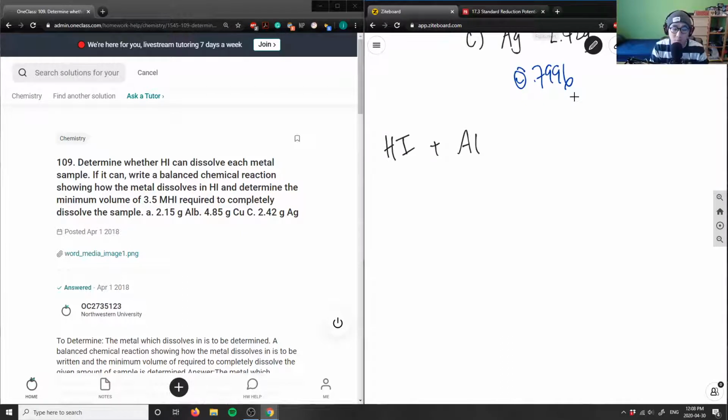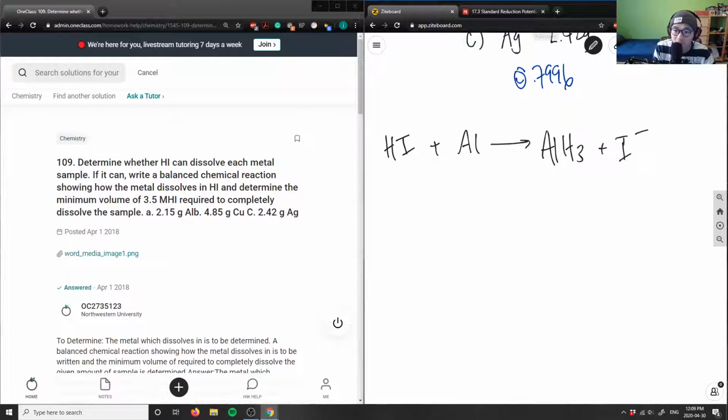It's going to react and form aluminum hydride, AlH3, and you would get the iodide anion, I minus.